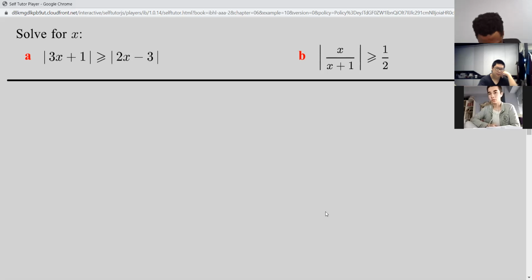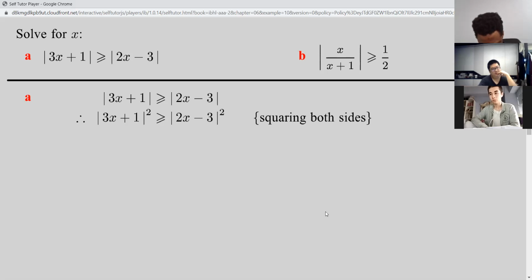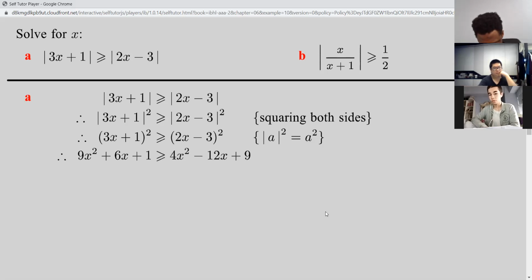In both of the inequalities in this example, we see that both sides are indeed non-negative. So, in part A, we begin by squaring both sides. The square of the size of an expression equals the square of the expression. We expand both perfect squares, then rearrange the inequality so all terms are on the left-hand side. We are left with a quadratic inequality.